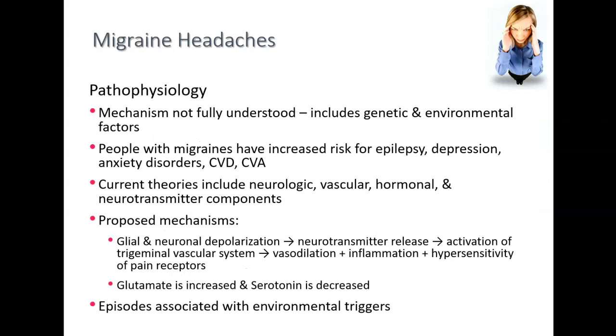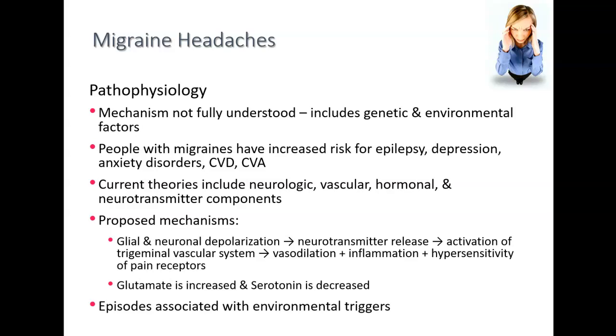Pathophysiology for migraines, we don't really know. Could be genetic, environmental. Some people get migraines from triggers like perfume and all kinds of weird things, lights. What's really interesting is people with migraines have an increased risk for epilepsy, depression, anxiety disorders, cerebrovascular disease, and cerebrovascular accident, so basically stroke.